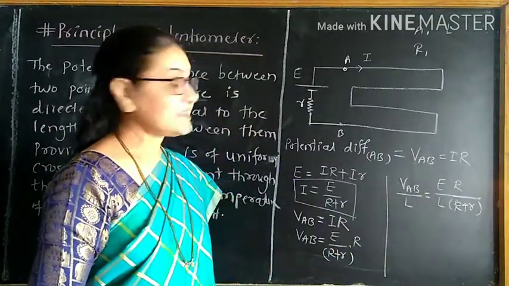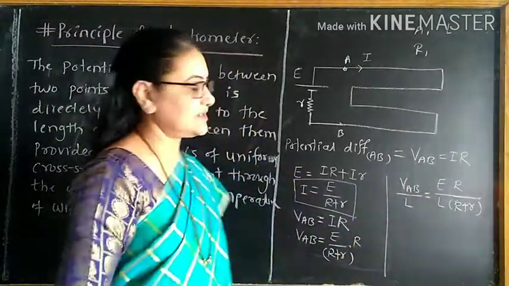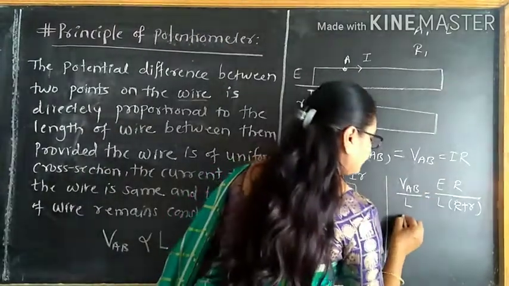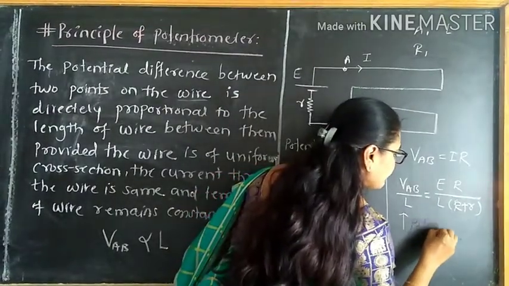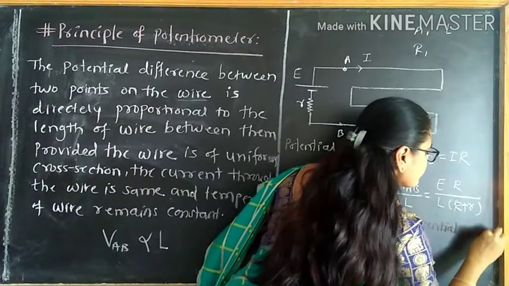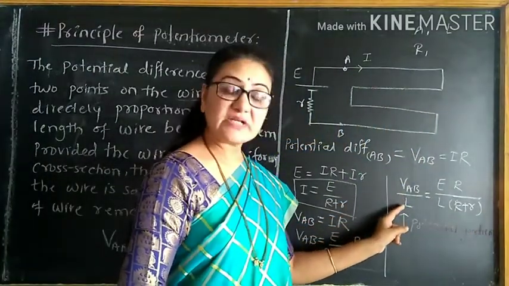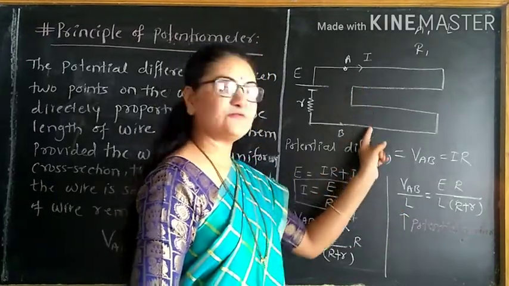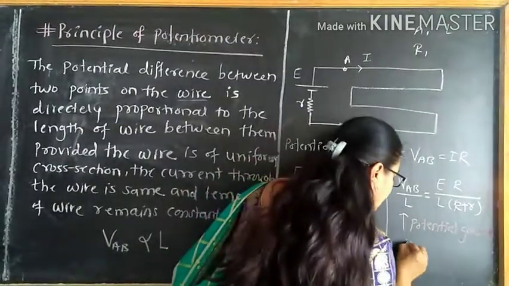E is constant, EMF is constant, and that's why potential difference per unit length is constant. This term is called the potential gradient. Potential difference per unit length is called the potential gradient. It is constant for this uniform wire, and that potential gradient is represented with the symbol K.